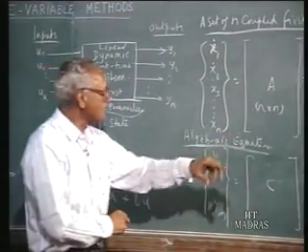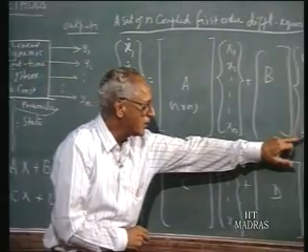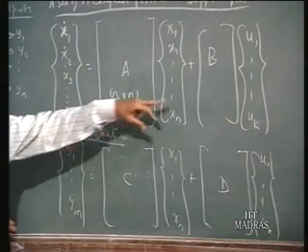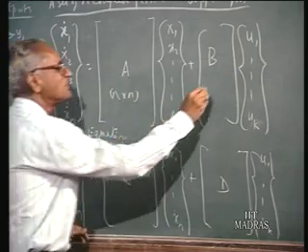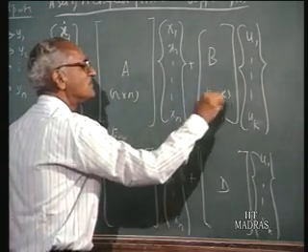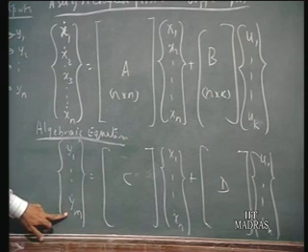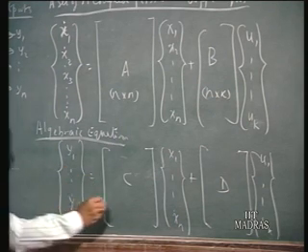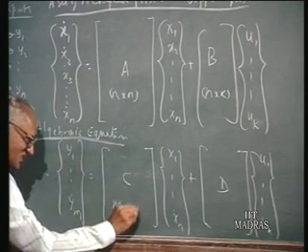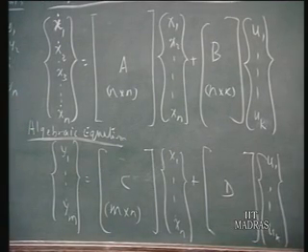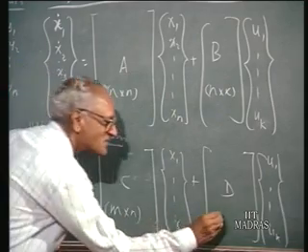As far as B is concerned, it is coupling the input quantities with the state variables, therefore it must have n rows and k columns. In C you have m rows and n columns, so the size of this matrix is m by n. The size of the D matrix is m rows and k columns.